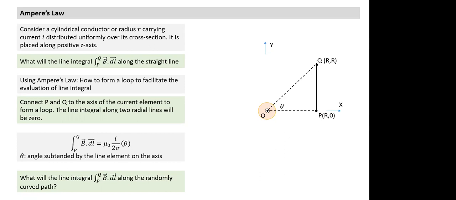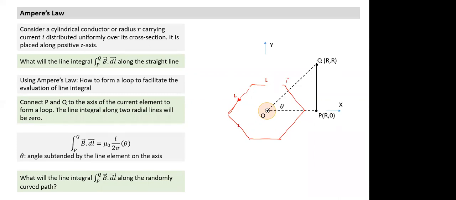And just to check, what happens if you form a regular hexagon? Will it be difficult to evaluate B dot dl along each side of the hexagon? Length of side is L. And it will depend on the direction.